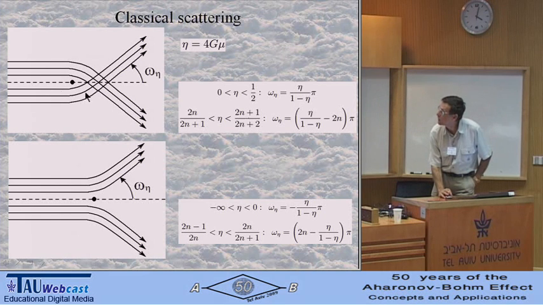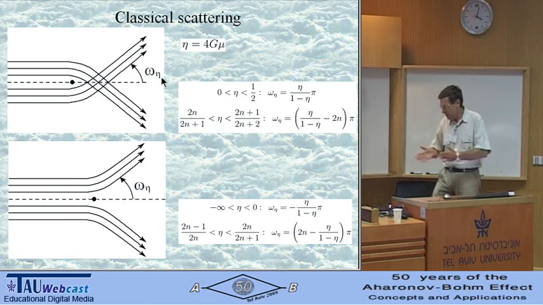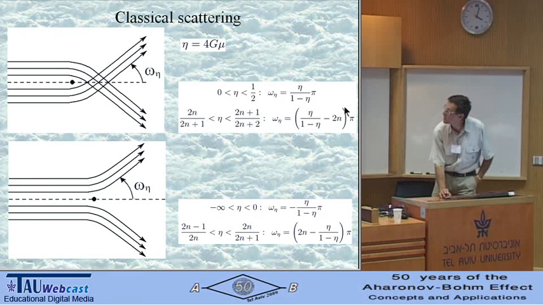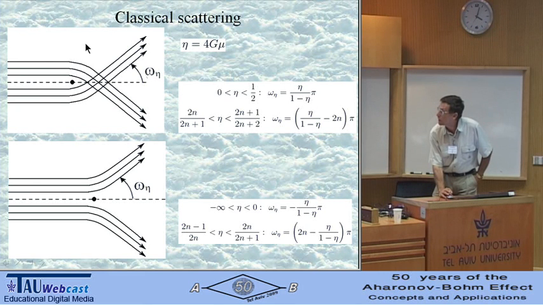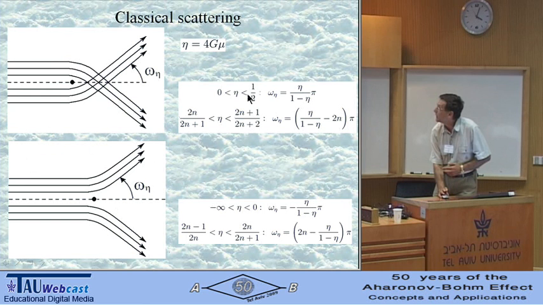This is the surface orthogonal to the string. In classical scattering, the scattering angle doesn't depend on the impact distance. So you just draw parallel lines on a conical surface and get these pictures. As the deficit angle grows, 2 pi eta being the deficit angle, this scattering angle grows, becomes more than pi by 2, and goes to the value of pi, and then the picture looks like this for eta more than 1/2.